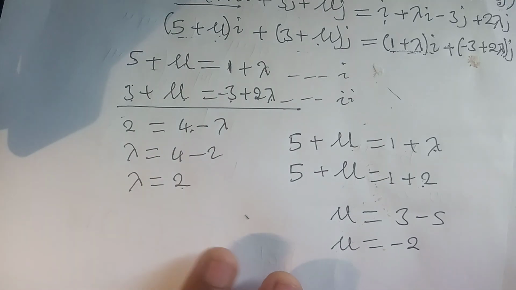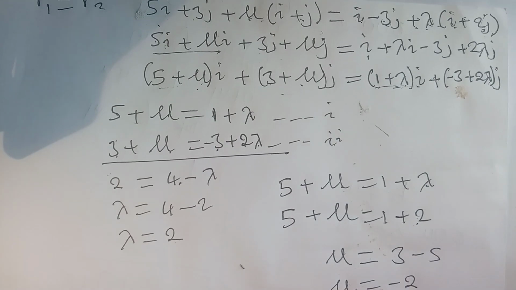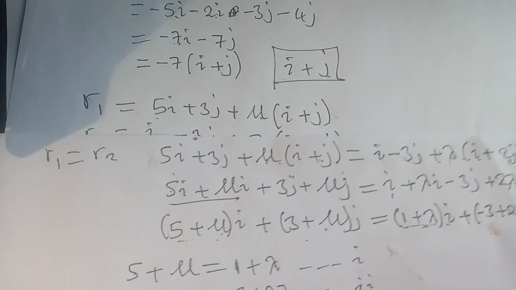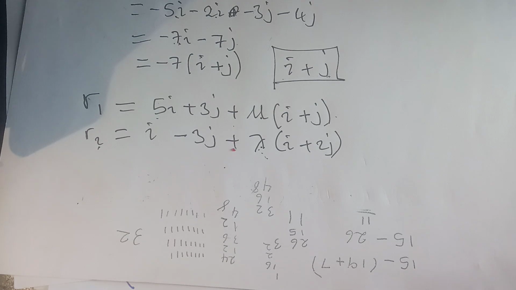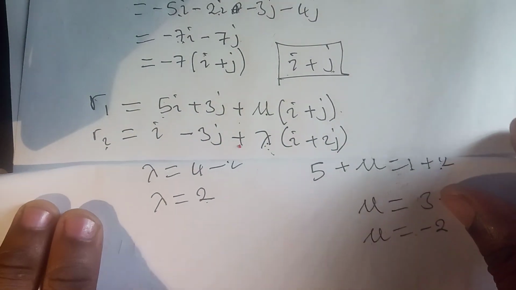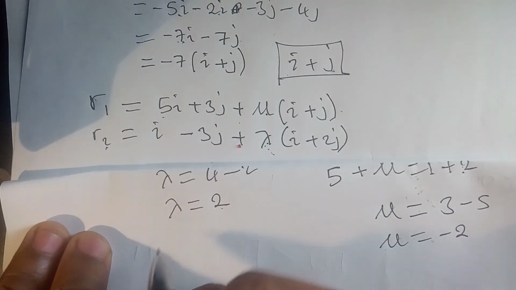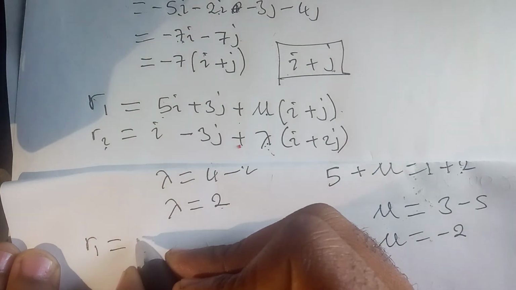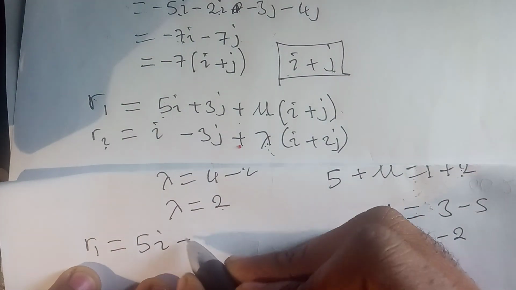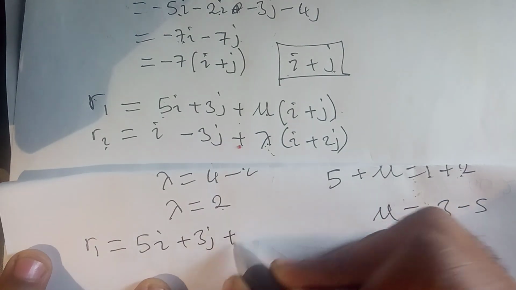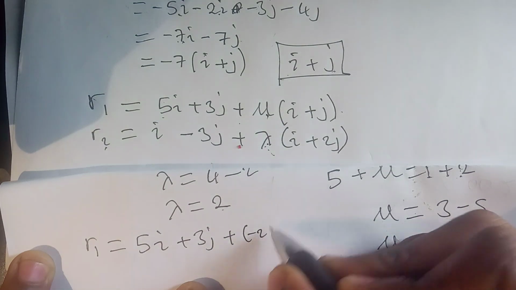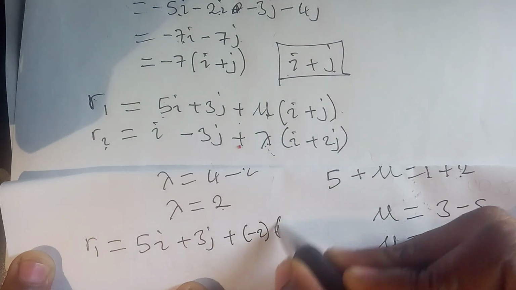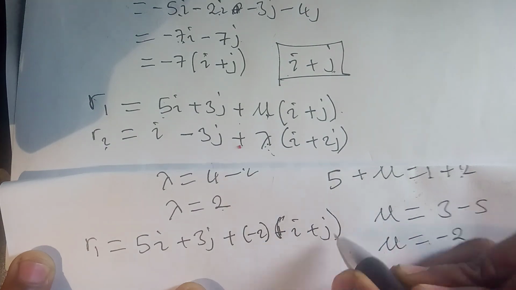So now to find the coordinates of the meeting point, I can either use the first equation or the second equation. So we know that using the first equation, R1 is equal to 5i plus 3j plus our mu is -2, and then I plus j.